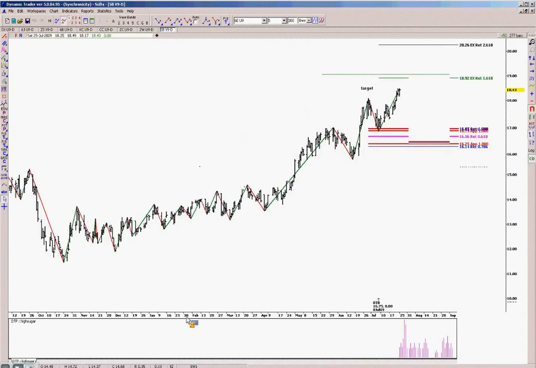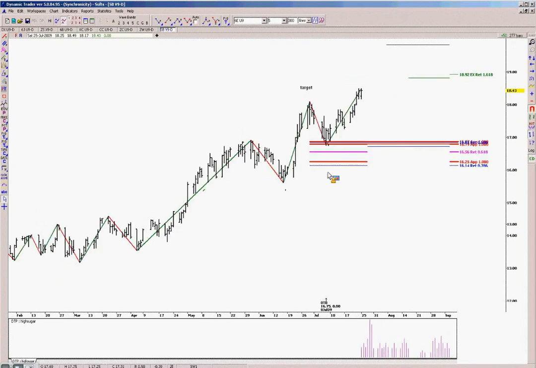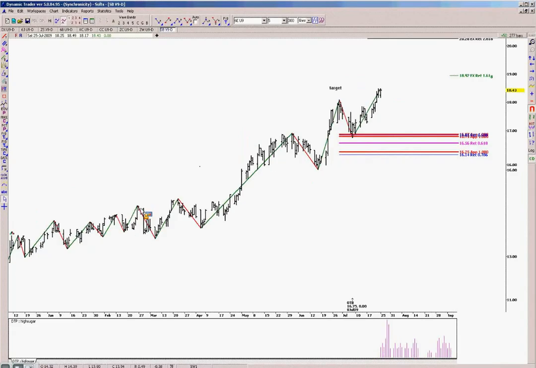Now, I really, really like or prefer this type of setup because you're looking at a gorgeous pattern of higher highs and higher lows on the daily chart, and all you're doing is setting up an entry where I'm taking similar corrective declines in the past and projecting them from the new high at that point, which was 1809, and that gave me this zone for an entry in the sugar, right?